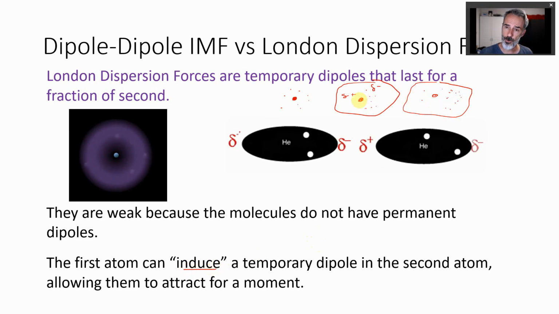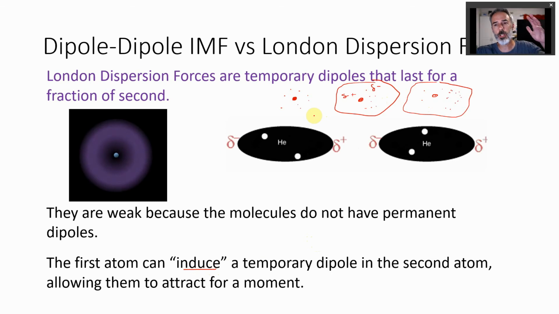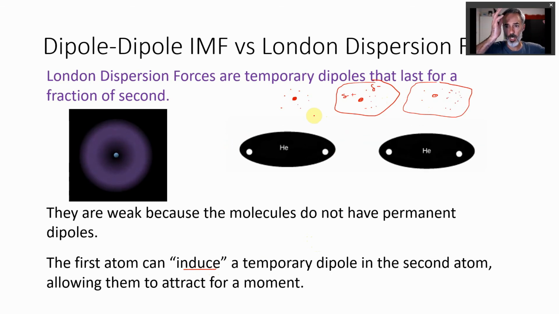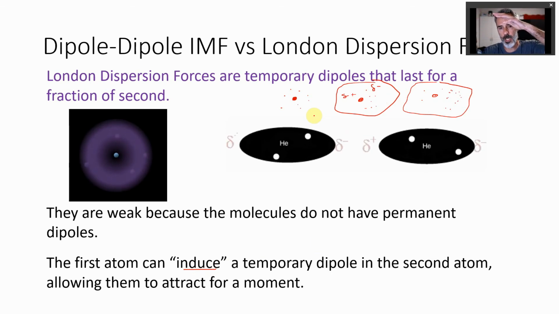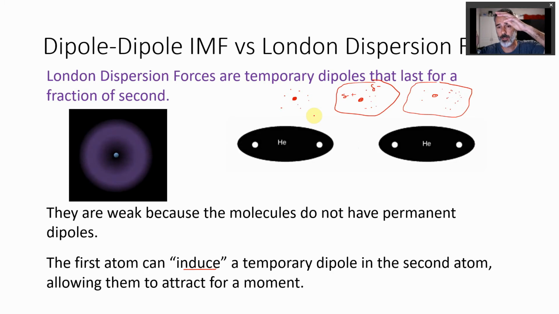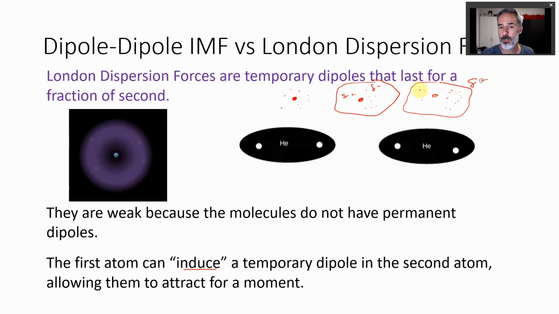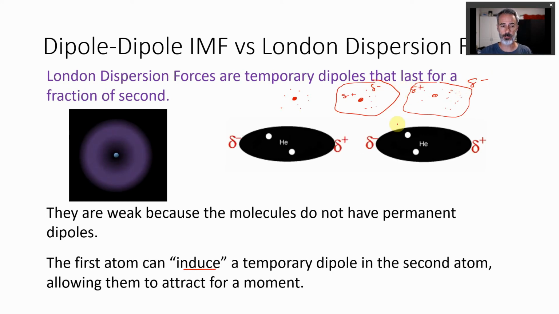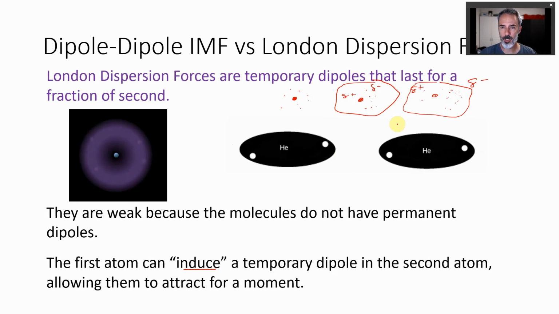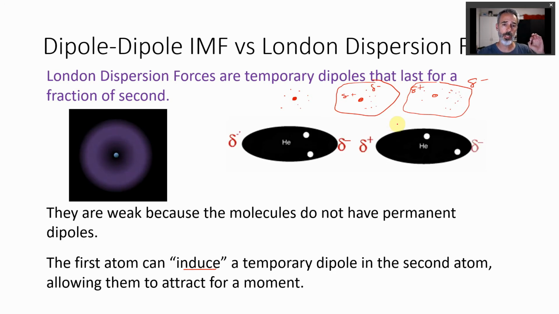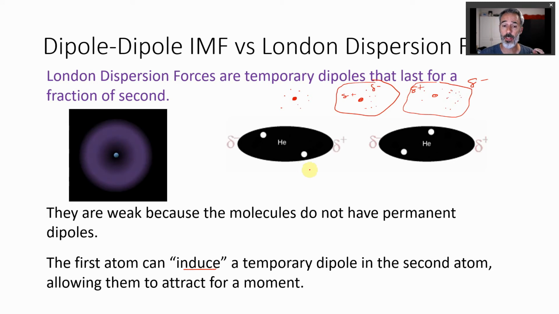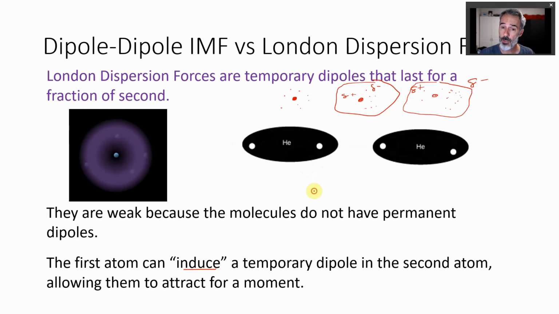So yes, the first one is kind of a random fluctuation of electrons, right? But when it has that momentary dipole where the electrons are on one side, it will induce a dipole in the one next to it. And then the positive and negative ends can be attracted to each other. Now you know this is going to be random. It's going to be for short periods of time. It's not going to be long lasting, and that's why these are particularly weak.